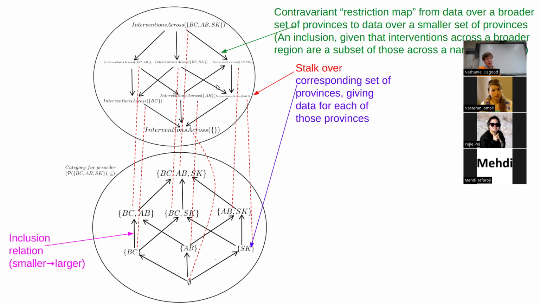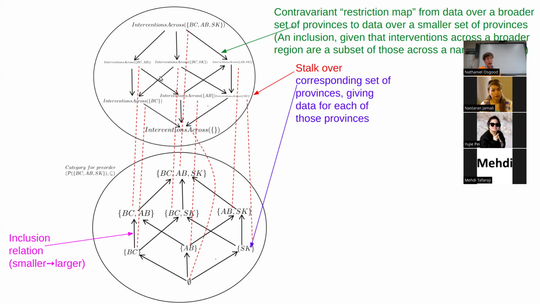So similarly, if we map down here to just Saskatchewan or just BC, is it possible that BC has certain public health measures that are in place that are not also in Saskatchewan? Yeah, it's possible. So this could be a subset of that one.